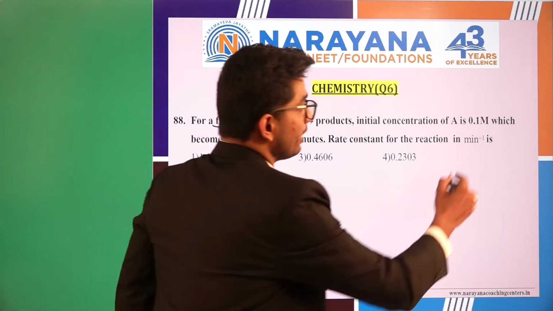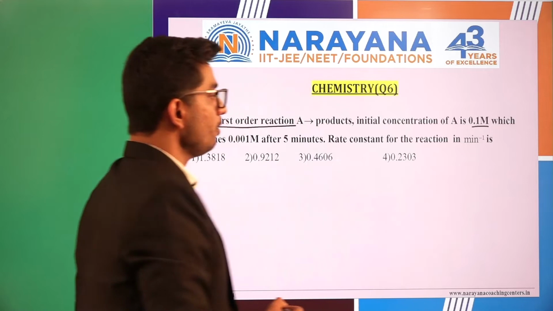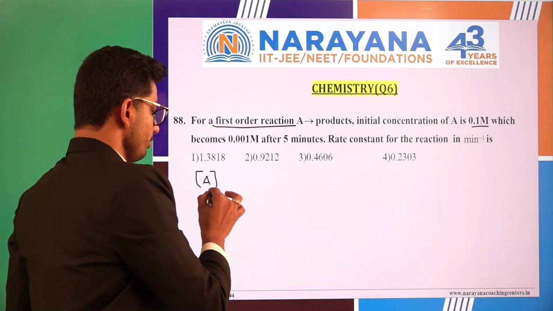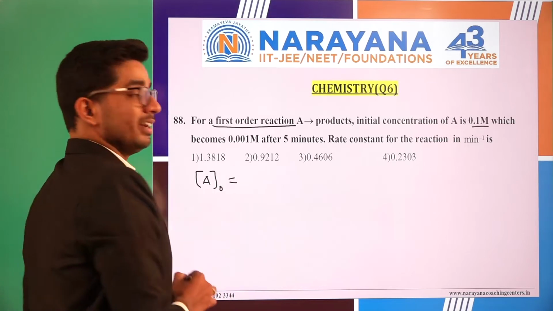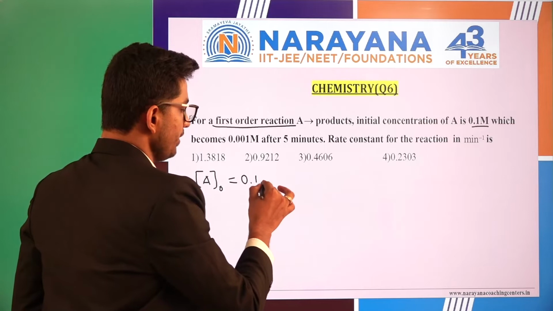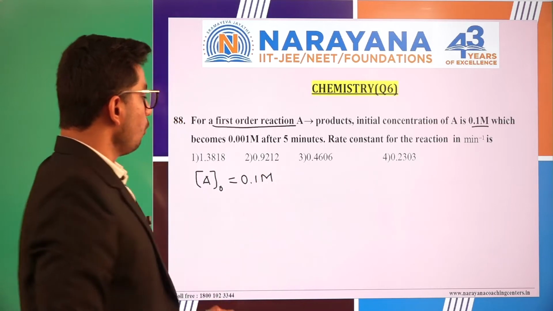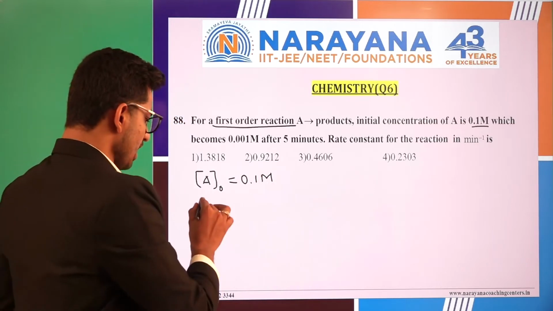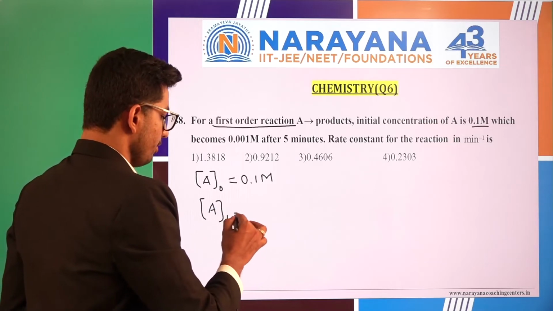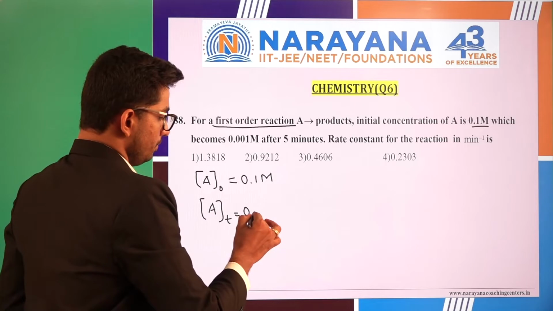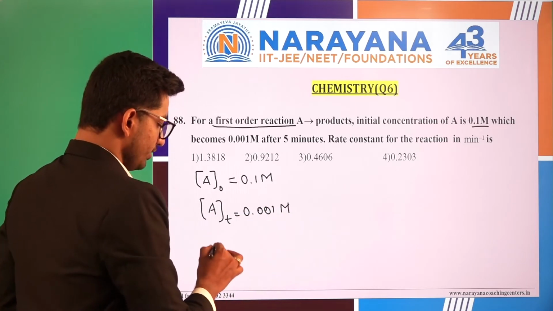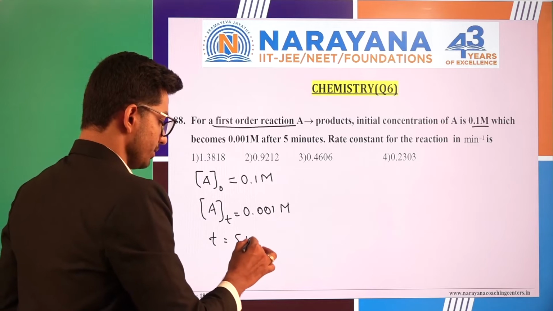We are given the initial concentration of A, I'll take it as A naught, that is 0.1 molar. What is the final concentration? After time t, that is in 5 minutes, the concentration is reduced to 0.001 molar. The time taken here is 5 minutes.